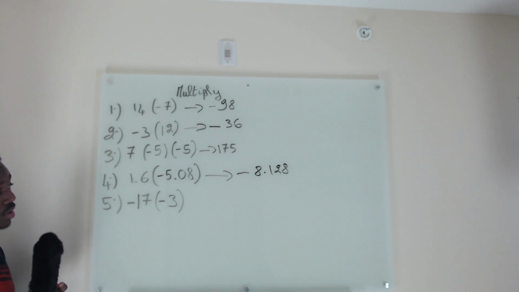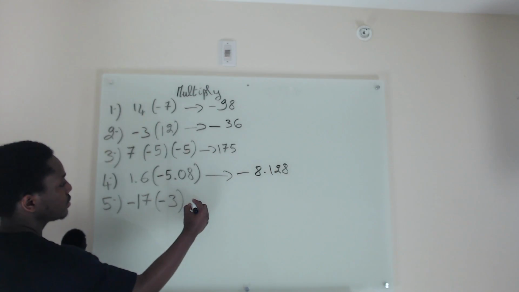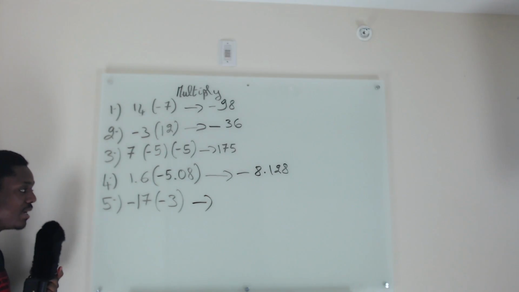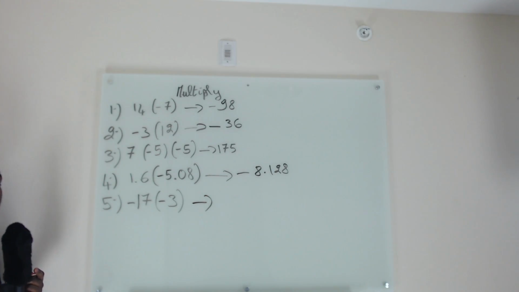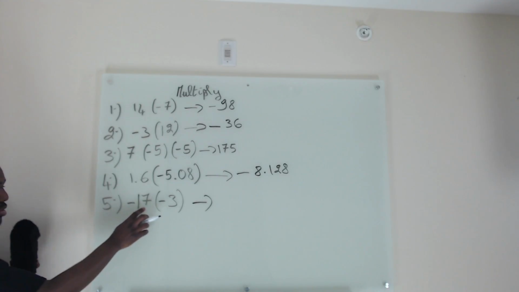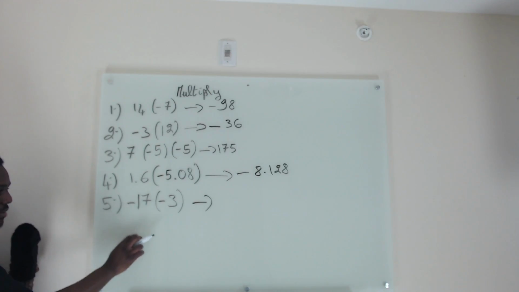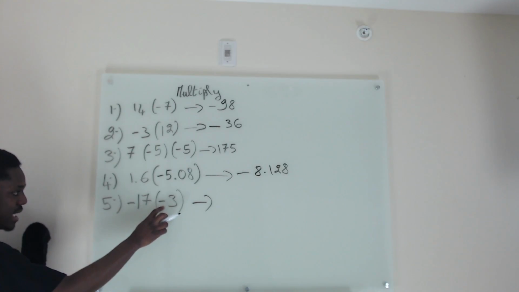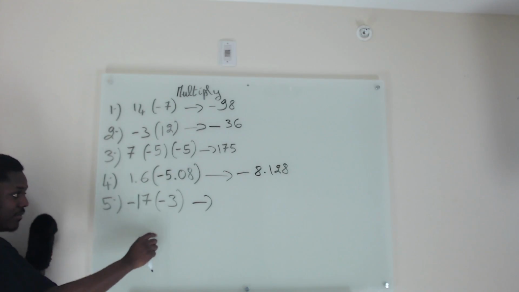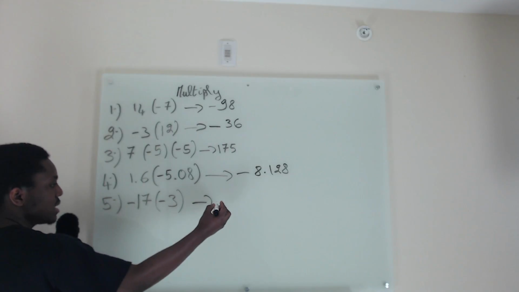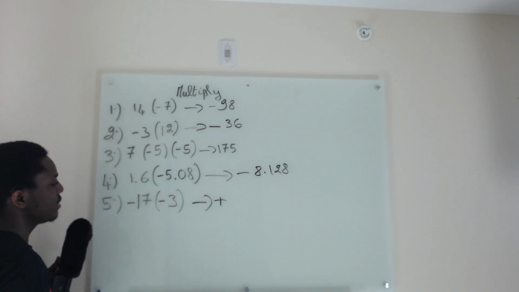And now the last one, exercise number 5. Again, we first begin by multiplying the signs. The sign of 17 is negative. The sign of 3 is negative. So negative times negative is what? Positive.